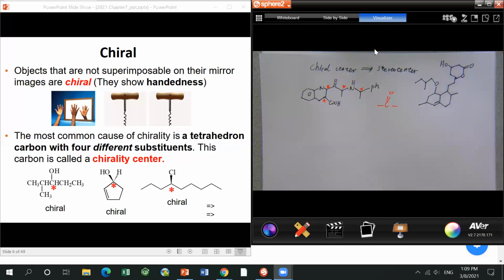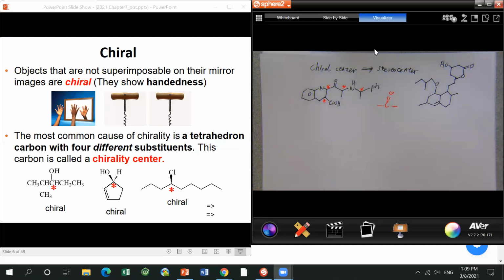Recall this molecule. Yeah, that's right, those four carbons are all chiral centers. We also call it a chirality center or chiral center, same thing. For this molecule, you can practice when you go home, and I will provide the answer in class next time.